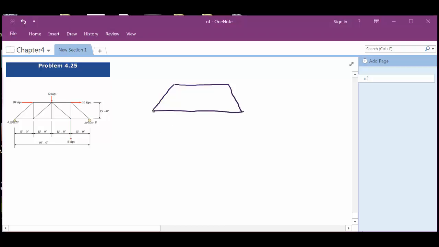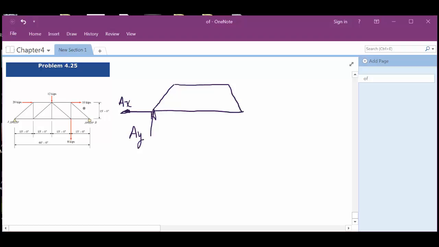We probably are going to have an AY pushing up. Now we do have an AX this time, don't we? I'm going to make an educated guess that AX is going to the left because look, we've got a 20 kip force pushing to the right and a 10 kip force pushing to the right.